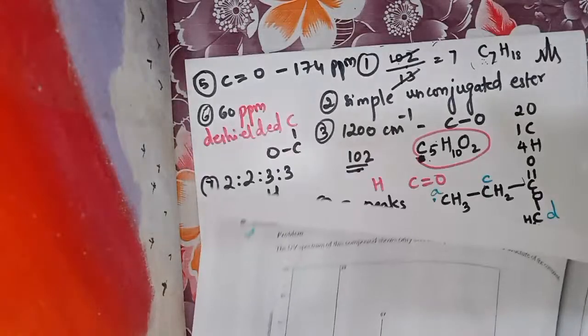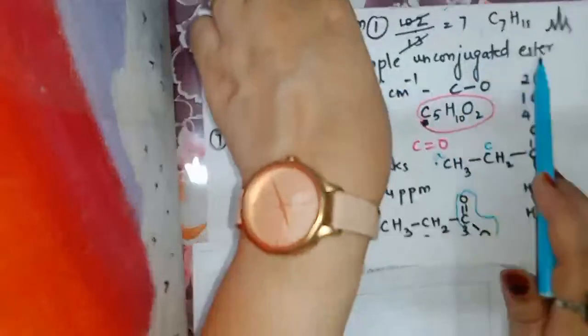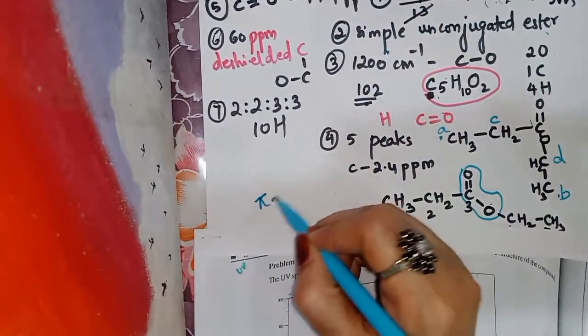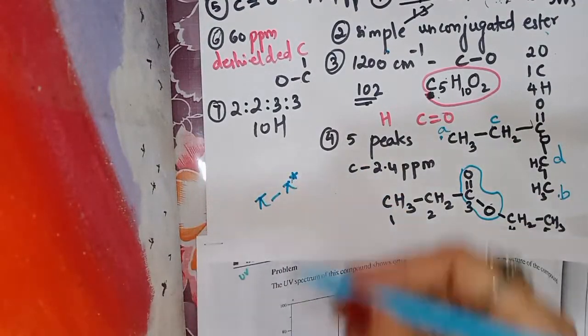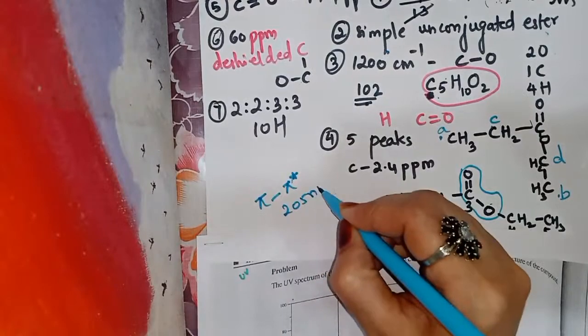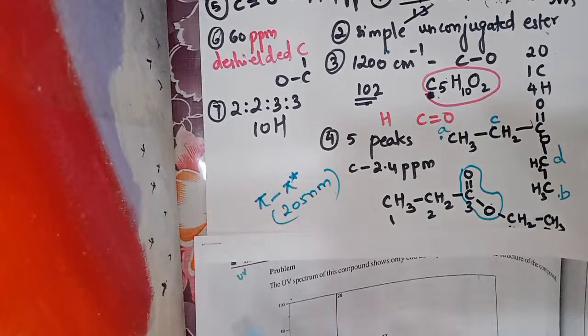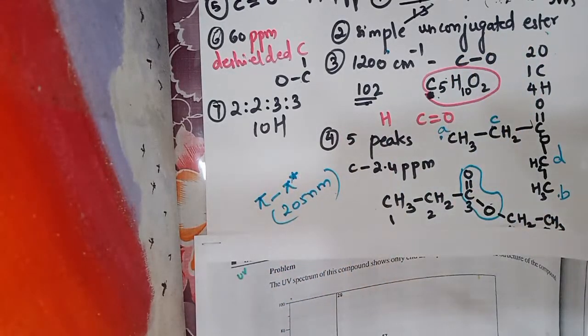Now simple esters will have weak pi star transition. We have found that it is a simple unconjugated ester. They have a weak pi star transition at 205 nanometers, which is very much near the solvent cutoff point.